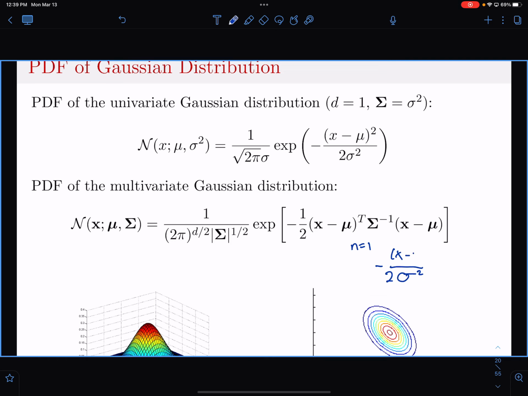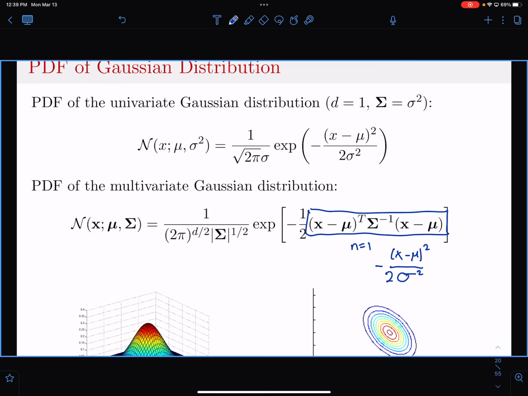And then we have an x minus mu squared up here. So in the scalar case, this is a strict generalization, and that holds for the n equals 1 case as well. But in the more general case, we have to picture this matrix here.